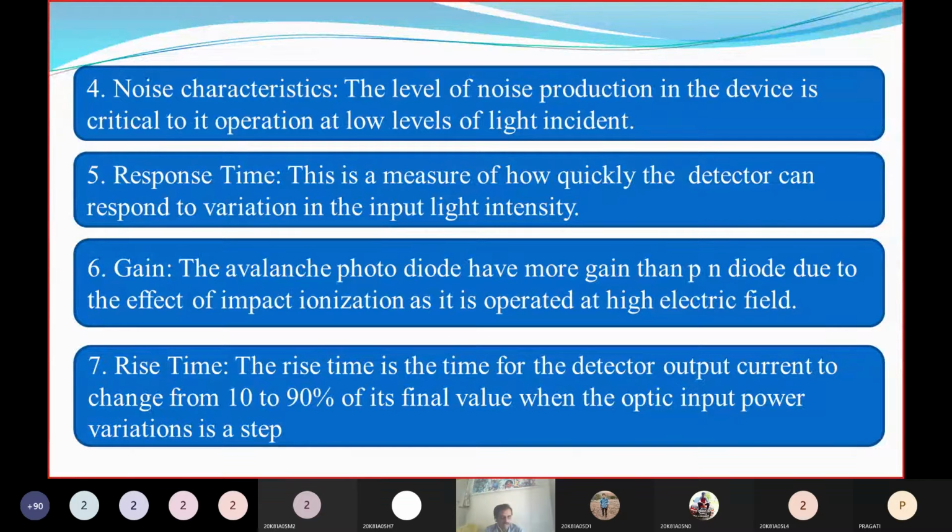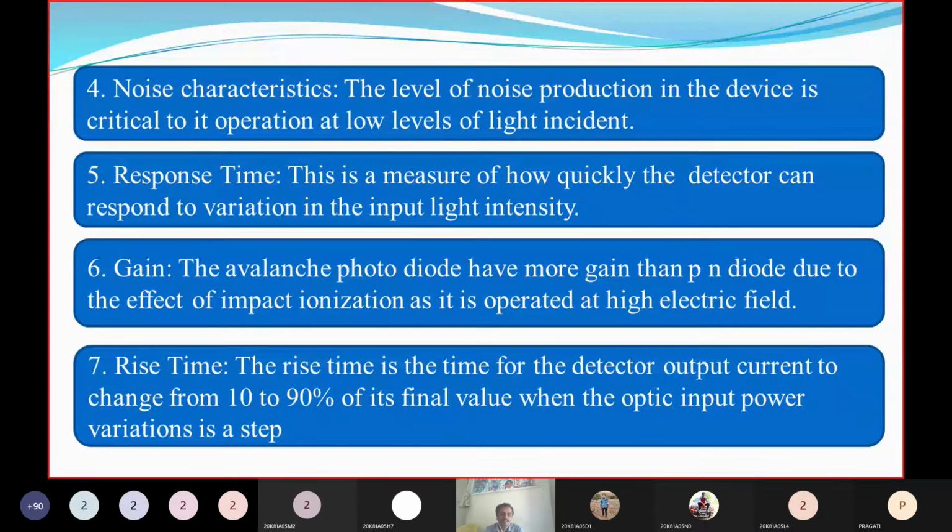If you increase the intensity of the light, the output will change. How much time does it take to rise from 10 to 90% when increasing the input incident radiation?